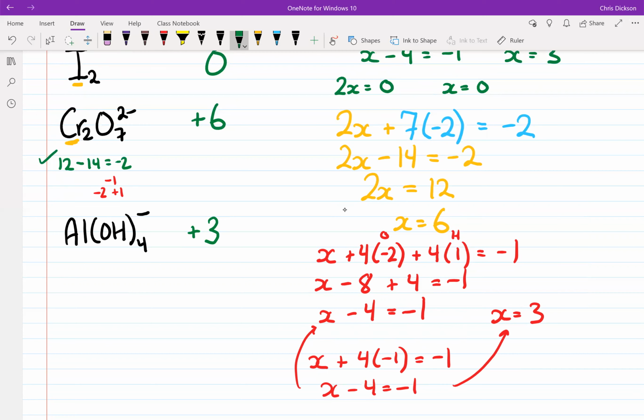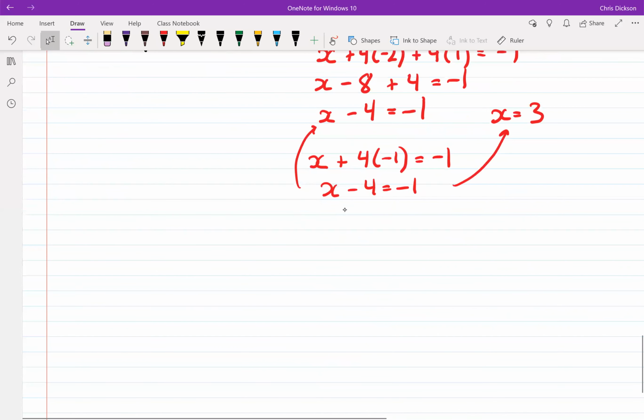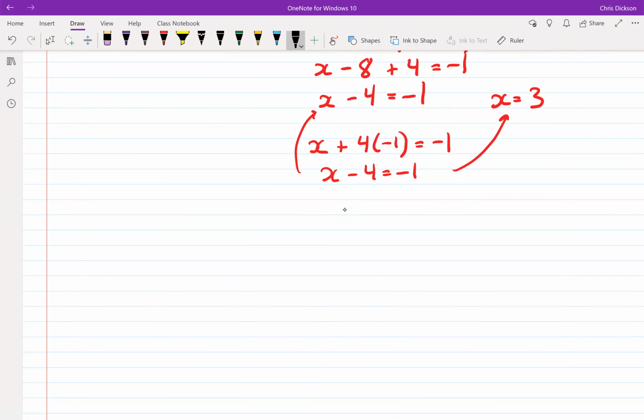So let's take a look at a reaction and figure out, is it actually a reduction oxidation reaction? Is it one of these fancy reactions? In order for it to be a redox reaction, something has to get reduced and something has to get oxidized.